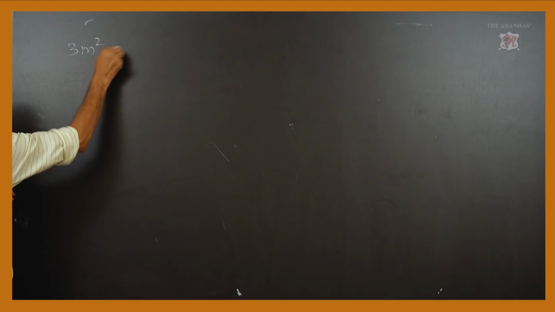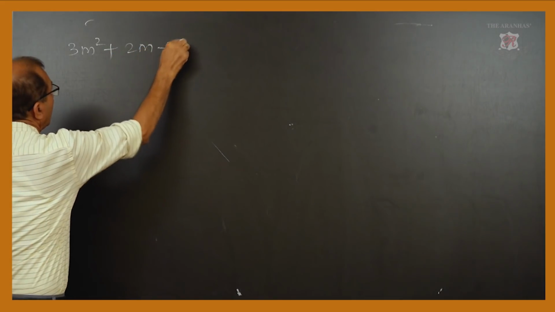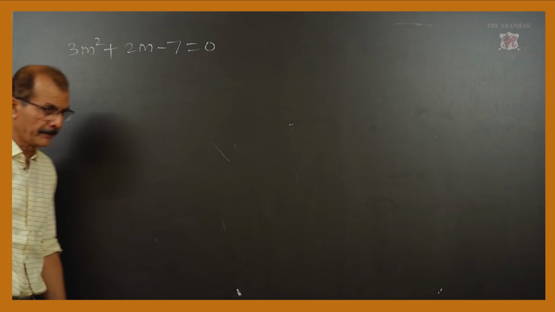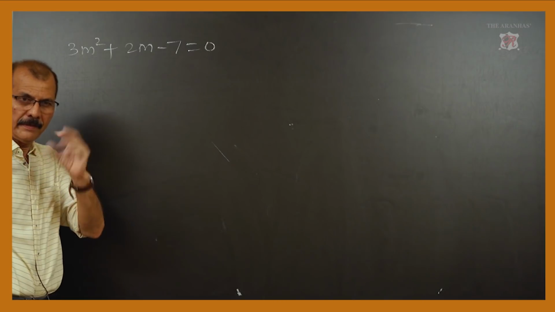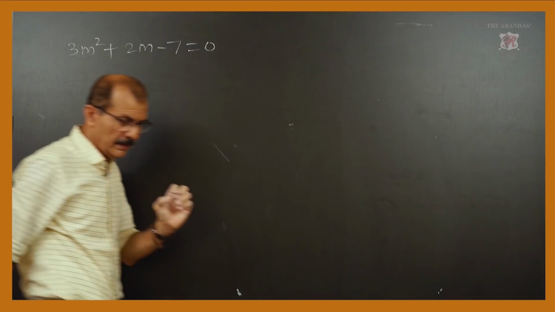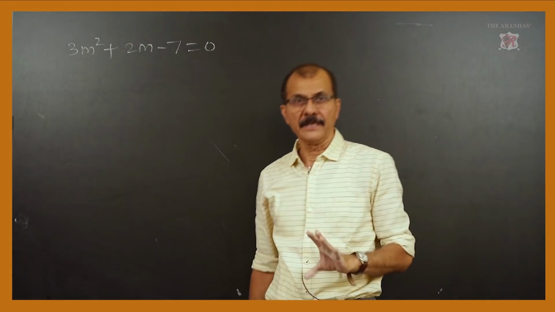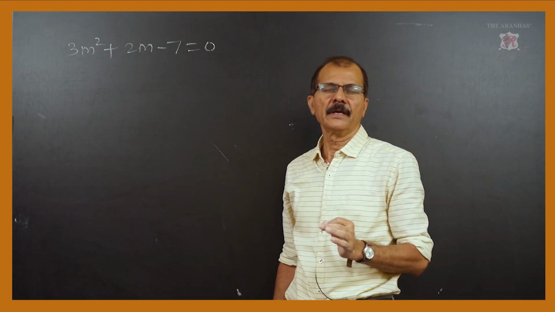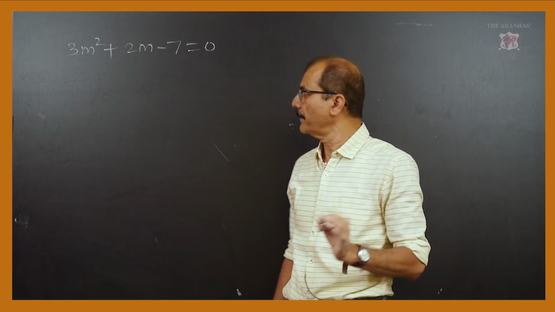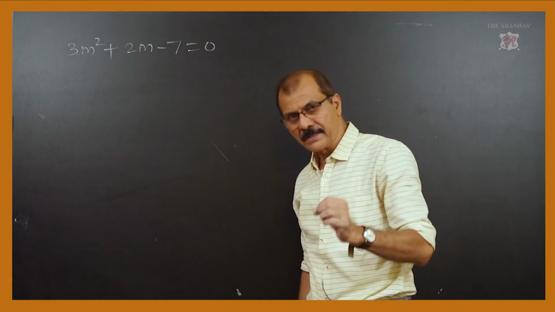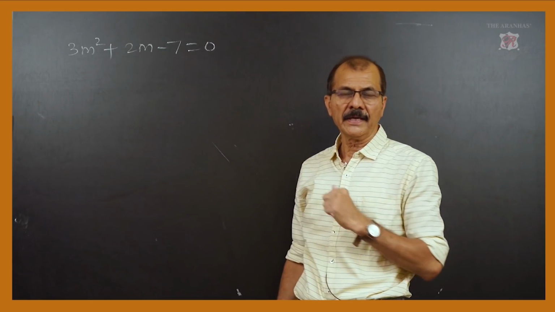Three m square plus 2m minus 7 is equal to 0. Now, very first step, you have to find the values of a, b and c, because in the formula method what is involved is the values of a, b and c. This is the given equation to you. Your first step is to find the values of a, b and c.